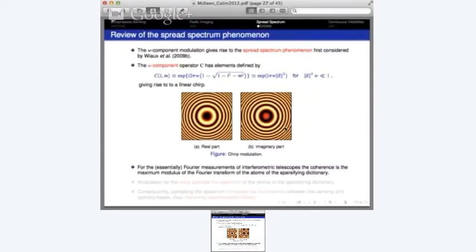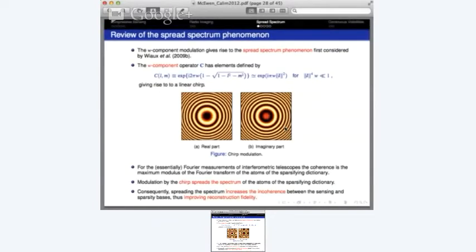Well, now we're essentially doing Fourier imaging, more or less. And so our measurement basis vectors are just the exponentials of the Fourier transform. And so the coherence now is really just given by taking the Fourier transform of our sparsity vectors and looking at their maximum modulus. So anything that will reduce the maximum modulus of these sparsity vectors would improve the quality of reconstruction. And that's exactly what this W term does.